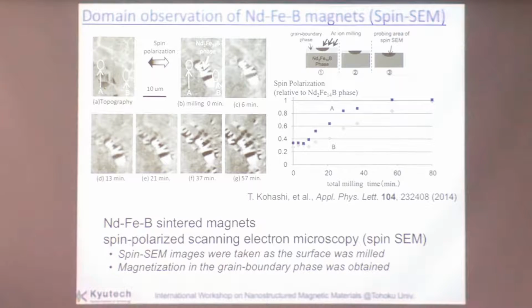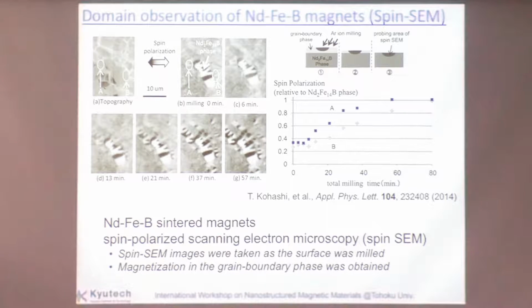Dr. Kohashi reported the domain observation result of the neodymium iron boron magnet. In this paper, the spin polarized SEM image was taken of the surface of the sample, and the surface was ion milled in the vacuum chamber. And they observed the domain structure change depending on the etching time.